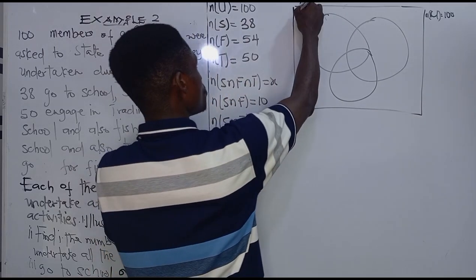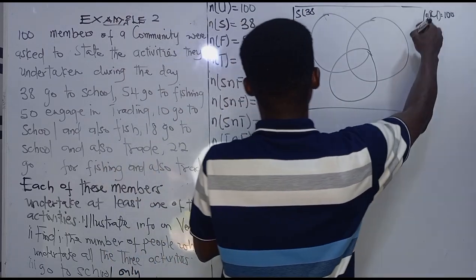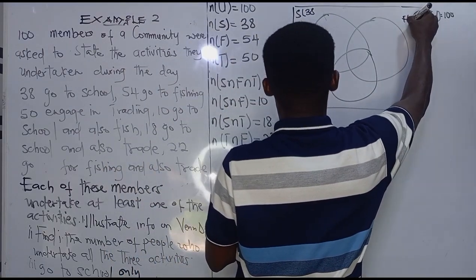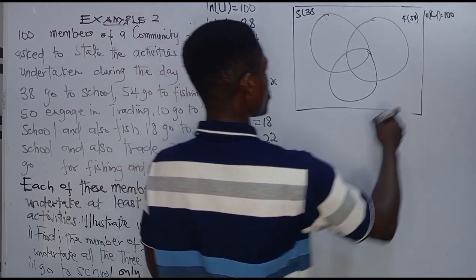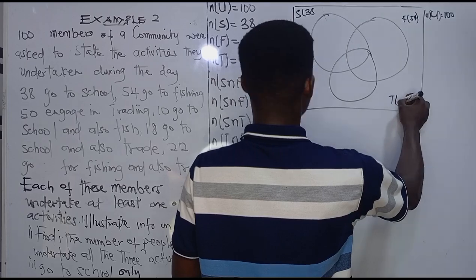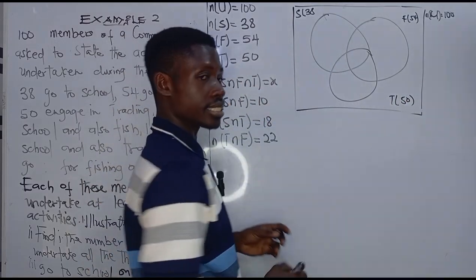So we have school, we have 38, we have fishing, we have 50, and then we have what again? We have trading, T, we have 50. And then always represent the intersection first.